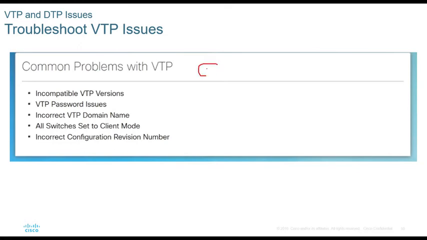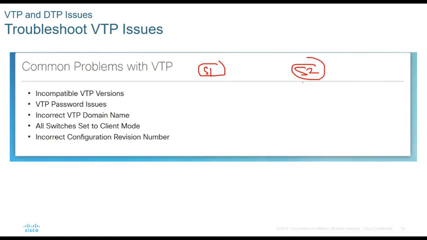Okay, Switch 1, kinonfigure mo yung server, running siya ng VTP version 1. Pagdating mo kay S2, client mo, server yon, tama. Kaya lang, hindi mo alam, si S2 pala, it was pre-configured with VTP version 2.